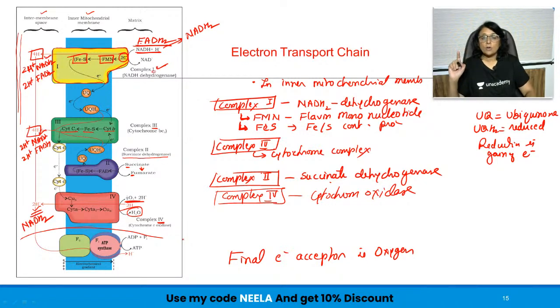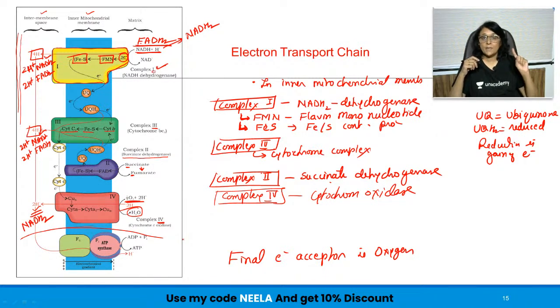So in the electron transport chain, there are complexes. Complexes are clusters of proteins. When electrons pass through these complexes, energy is released at 3 places if the electron is coming from NADH2, and at 2 places if the electron is coming from FADH2.